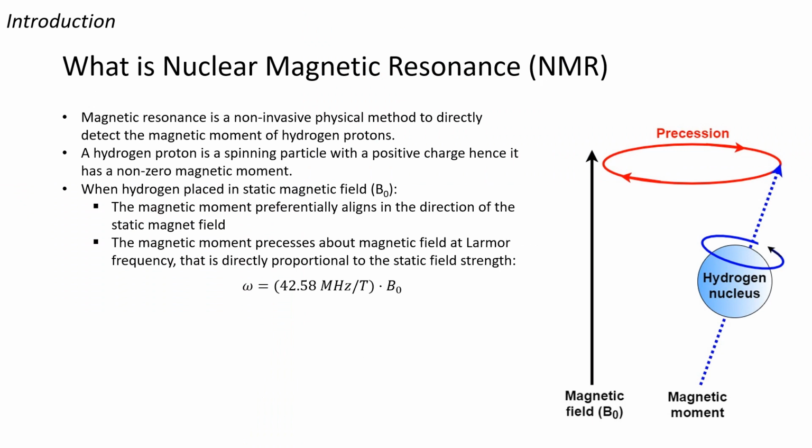So what is nuclear magnetic resonance, or NMR? Basically, NMR is a non-invasive method to detect hydrogen. It is also applicable to other chemical elements, but hydrogen is the most concerned one for groundwater applications and geophysics.